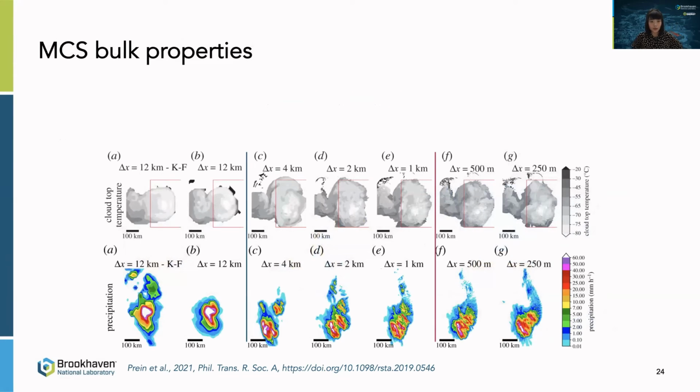Let's look at some quantitative comparison across different resolutions. You have cloud top temperature plotted on the top panel, and precipitation rate plotted on the bottom panel for model simulations at different resolutions.